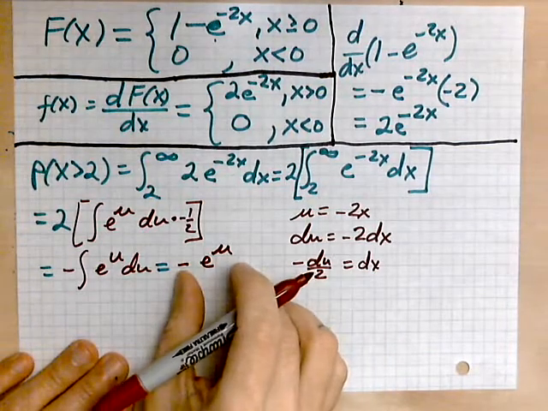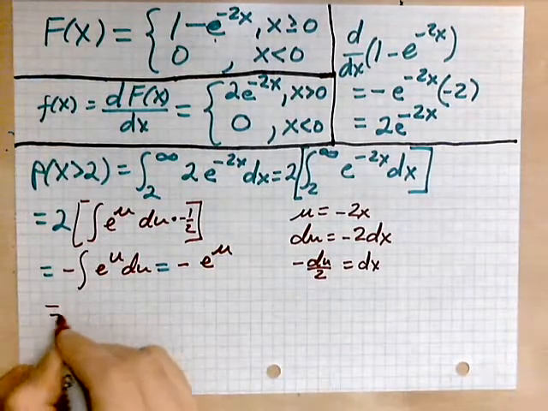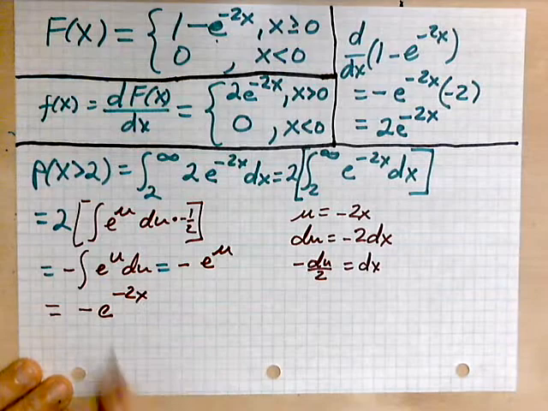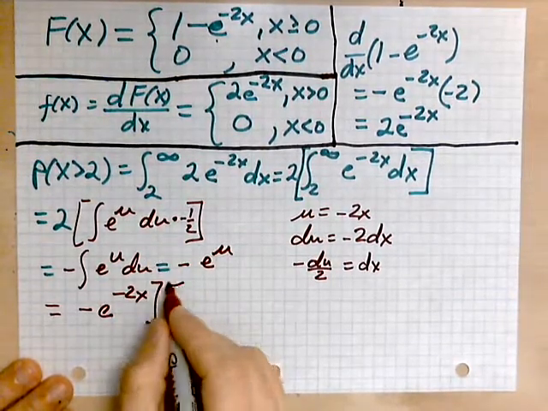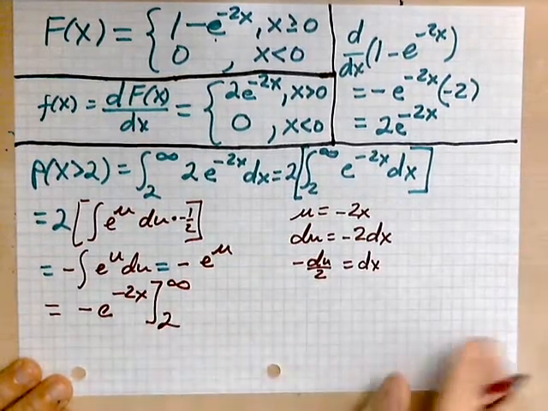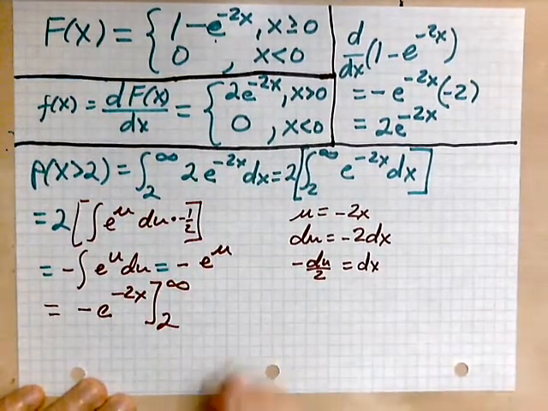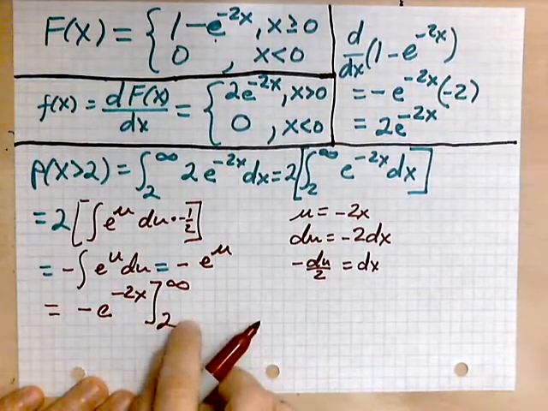Let's return to the original variable x. So u equals negative 2x. Let's rewrite this now as negative e to the negative 2x. Let's plug in the limits of integration. One of them is positive infinity, the other one is 2. Now let's evaluate this expression between these limits.